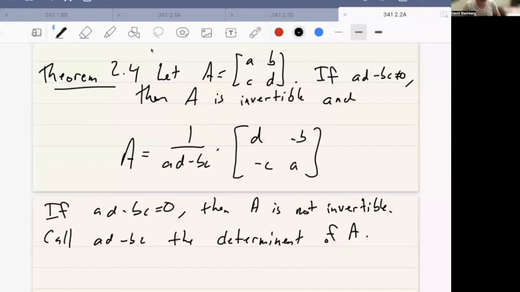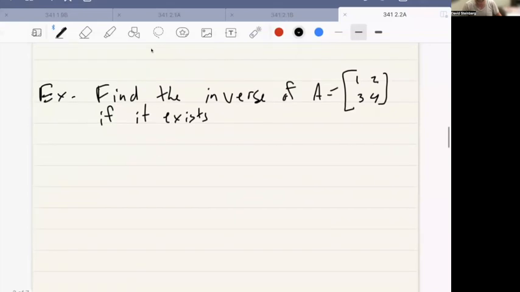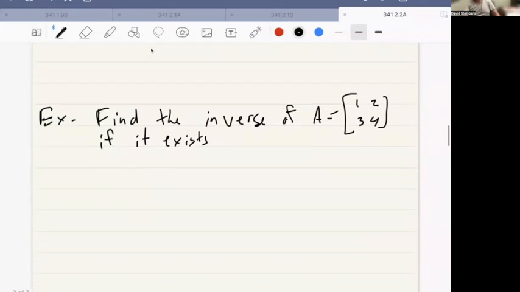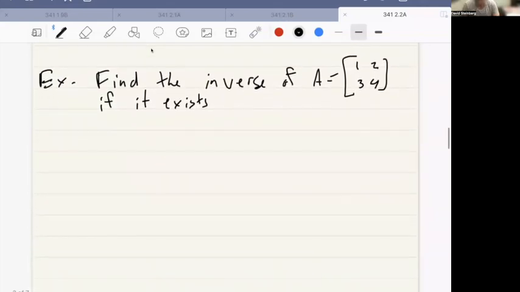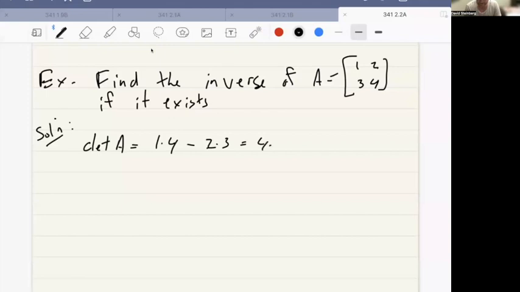Okay. Good. So then, let's find an inverse for the matrix 1, 2, 3, 4, provided it exists. So the first thing we can do is compute the determinant of A. Here's our solution. And we know that if the determinant is non-zero, then it is invertible, and we can use that previous theorem to find the inverse. So the determinant of A is just going to be 1 times 4 minus 2 times 3, which is 4 minus 6, which is -2, which is non-zero.